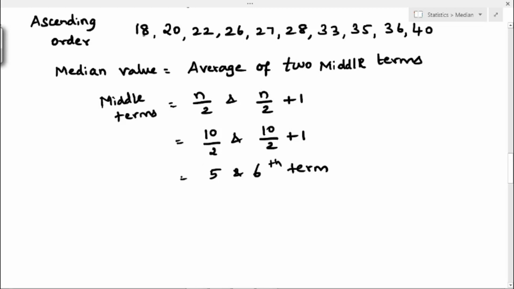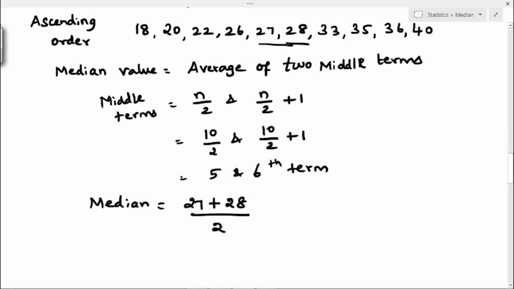The 5th term is 27 and the 6th term is 28. So the average of two middle terms is we add and divide by 2, that is, 5th term 27 plus 6th term 28 divided by 2.